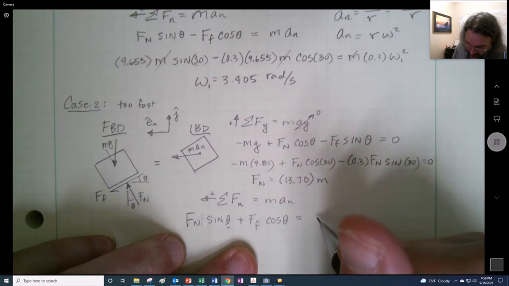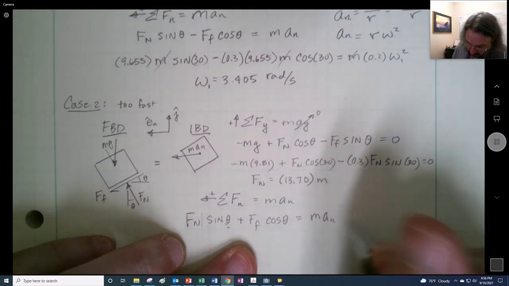And that's all we have, and then we have mass times acceleration in the normal direction.